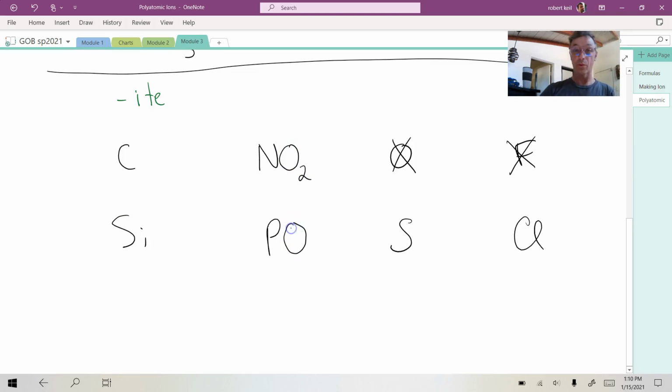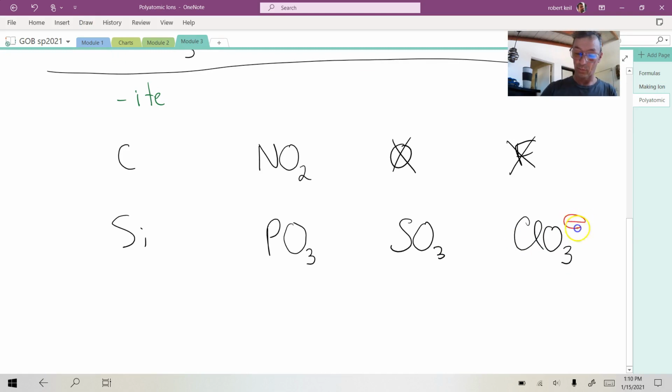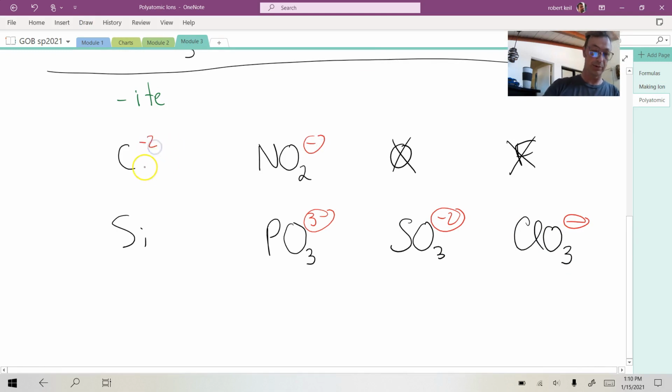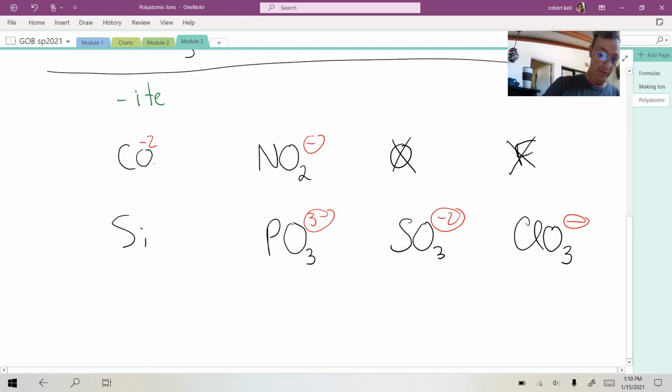Before we had PO4, now we have PO3. We had 4, whoops, and now we have 3. ClO3. And the charges stay the same. 1, 2, 3, 1, 2, 3, and 3.